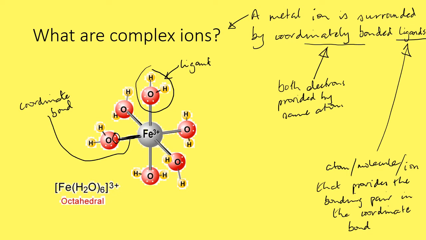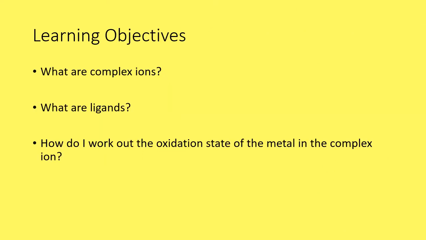And as it happens, that lone pair goes into an unoccupied d orbital in the iron. Okay, so that's defined what complex ions are.